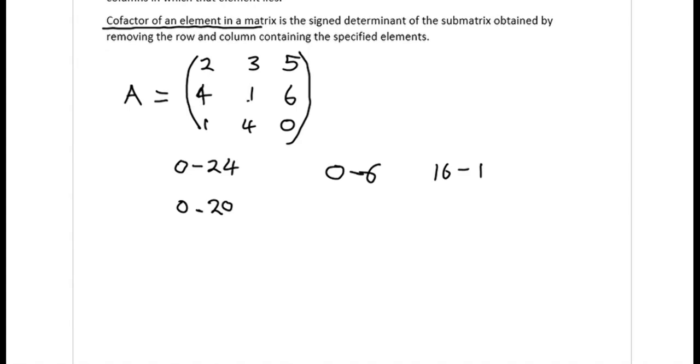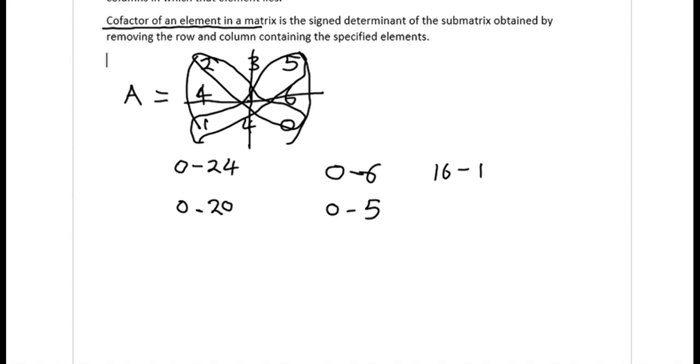Then for 1, we delete this row and this column. So I have 2 times 0 is 0, minus 1 times 5, which is 5.